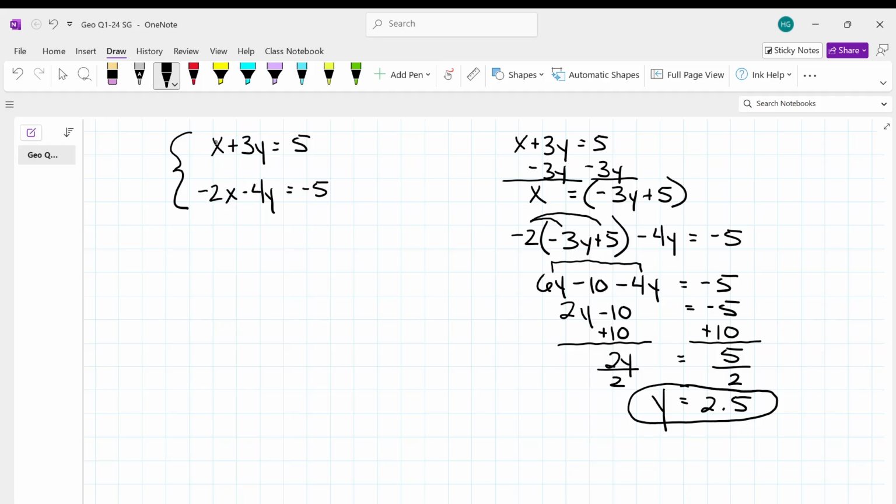Now I'm going to go back to that top equation, and I'm going to substitute the 2.5 for the y. So x plus 3 times 2.5 equals 5. So x plus 7.5 equals 5. And then subtract 7.5 from each side.